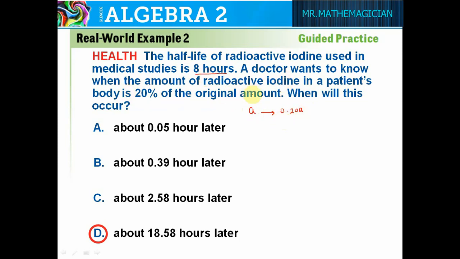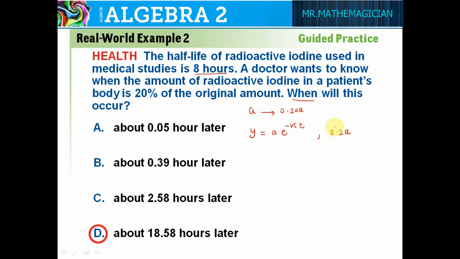So we need to know the amount of radioactive iodine in the patient's body. It will be 20% of the original amount. When will this occur? When means we are asking for the t. So let's begin with the rule y equals a e to the negative kt, because we know that it's a decay situation, and we can replace the y with 0.2a.